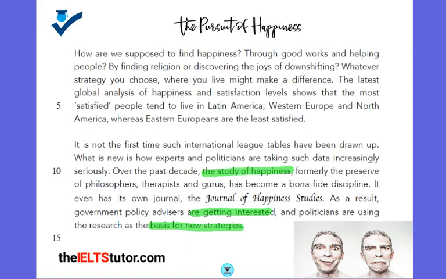So you need to be able to understand the general meaning of these paragraphs without using your dictionary, or reference material like a thesaurus. If you're able to identify meaning in context, I think this would be an advantage for you when the real test occurs. Okay, so we're not going to get too bogged down on unfamiliar vocabulary, because what we're going to focus on now are short answer questions.